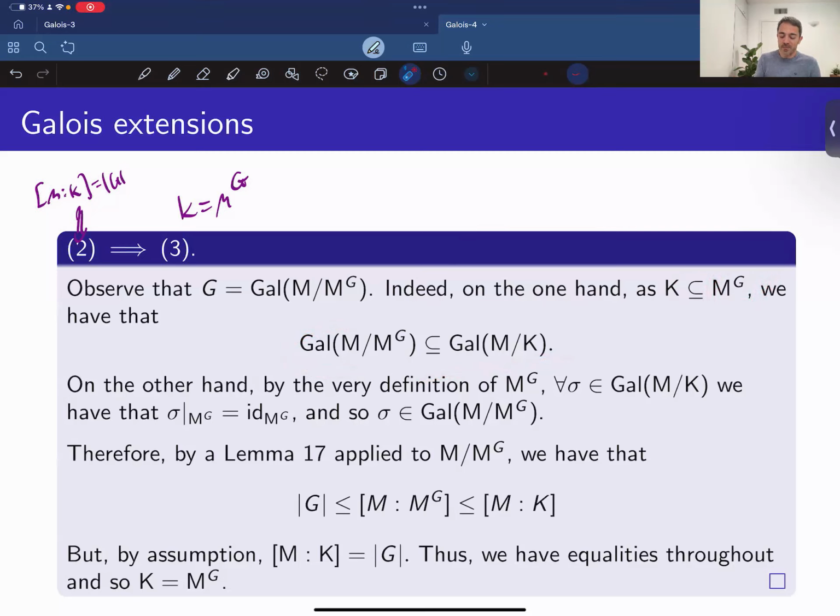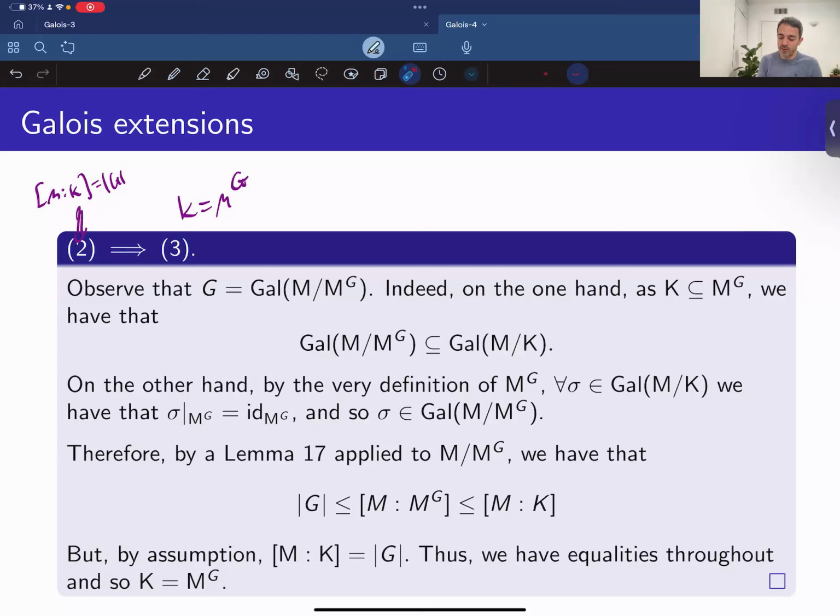But on the other hand, by the very definition of M^G, we know that for every sigma in the Galois group of M over K, sigma acts as the identity on M^G. That was M^G: the subfield of M extending K, such that for every sigma in G, sigma acts as the identity on that field.